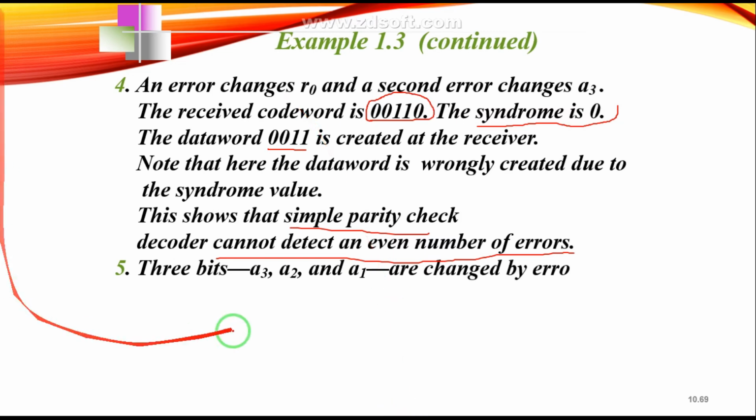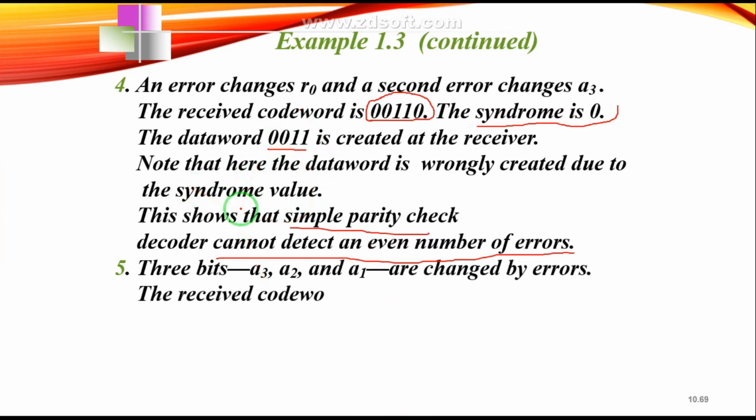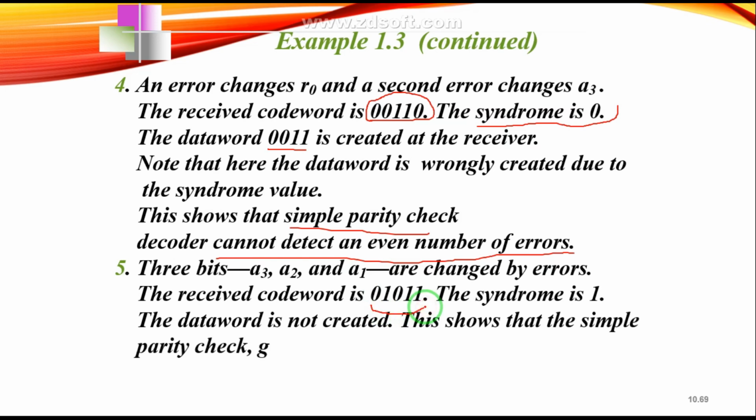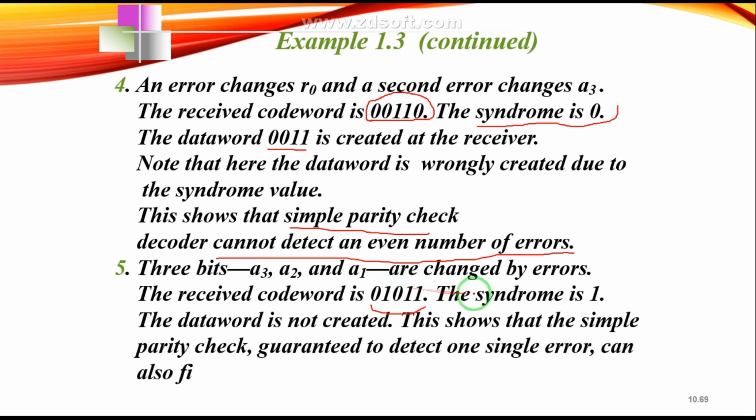So this is a problem with this parity check. Now suppose A1, A2, A3 are changed by errors. Then the received code word would be 01011. Again, the number of ones is odd. So the syndrome is 1. Since the syndrome is 1, the data word is not created.